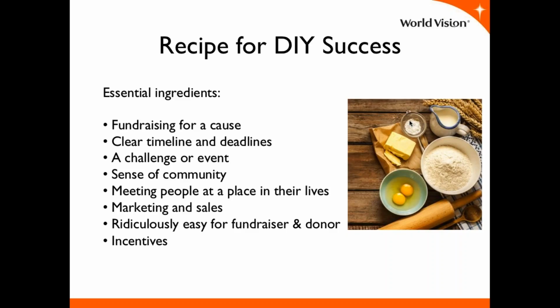So marketing and sales, like I said before, that's really important. Make sure that you know the ways that you're marketing out to the public and know the segment and the audience that you're trying to reach out to. And then incentives. We've also seen a lot of success with using this through Team World Vision.